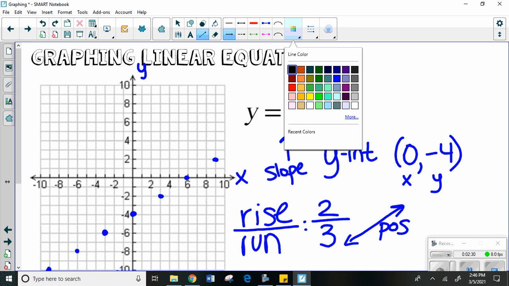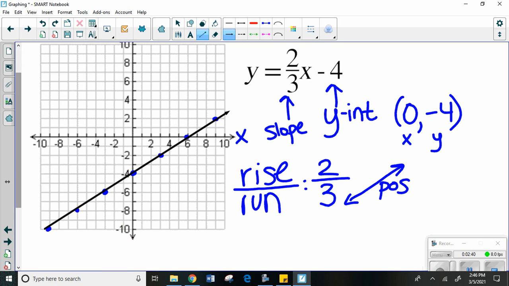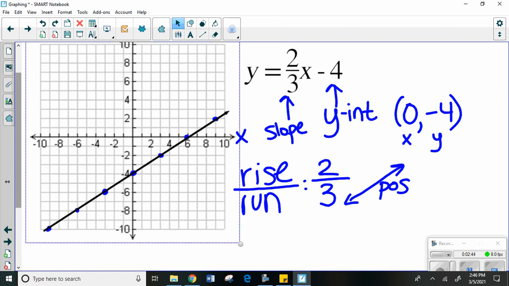I'm going to use the line tool on my smartboard, and make sure that it's nice and straight. So connect all of these points with a straight line. And we're done. We've graphed it. It has a y-intercept of -4 and a positive 2/3 slope.